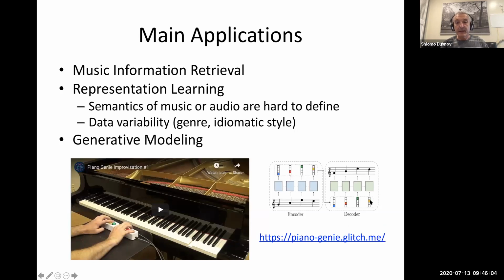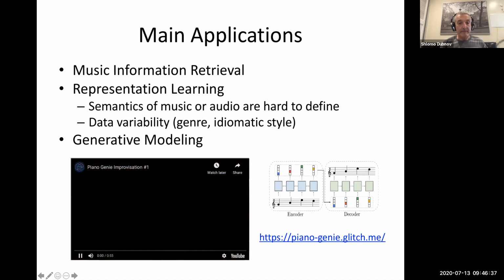Just to repeat, it's lossy because we'll be triggering a full grand piano keyboard piece from 4 or 8 buttons, and the triggers are learned from encoding and decoding a specific corpus. So this is music in a very specific style. You can also check out the link, which has a web application and a link to the paper and the repo. So here is an example of that improvisation.